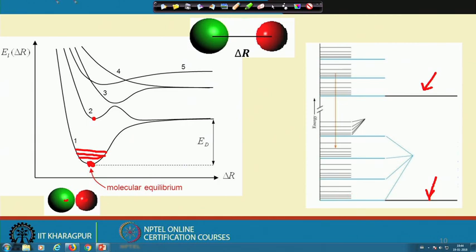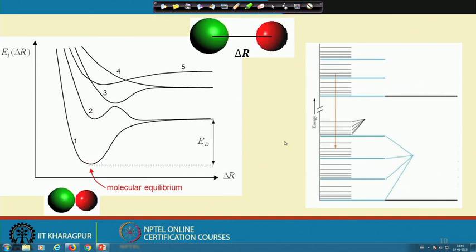So, that is the idea that is associated here, and this is the connection between the kind of energy level diagram and the molecular potential energy surface that one encounters while handling these systems.